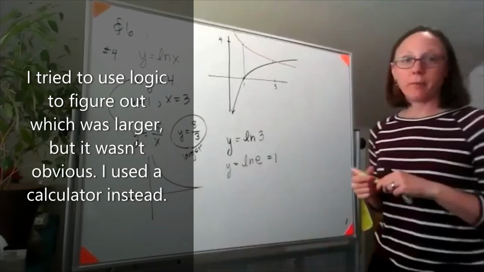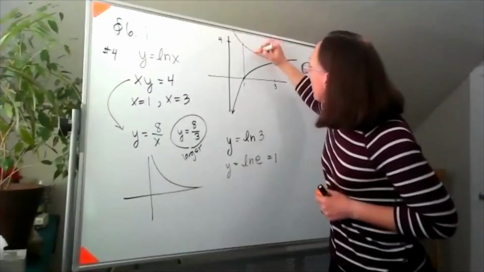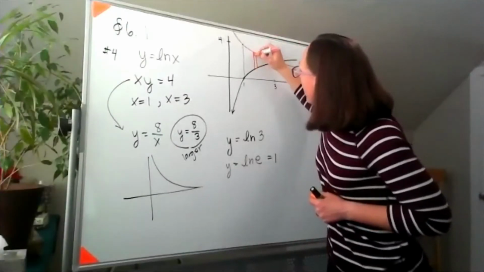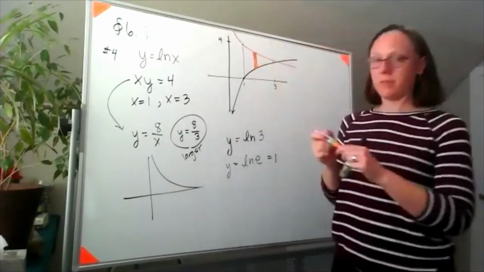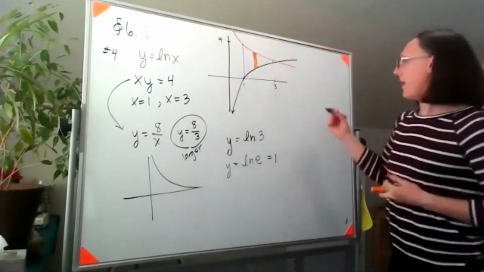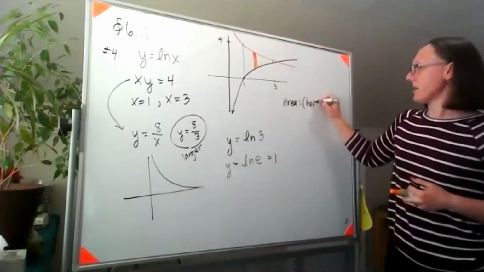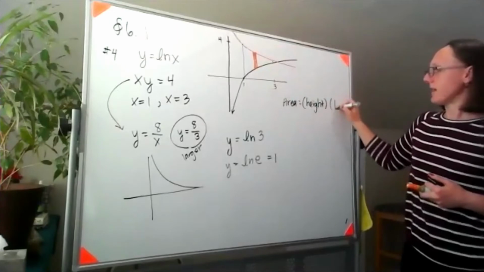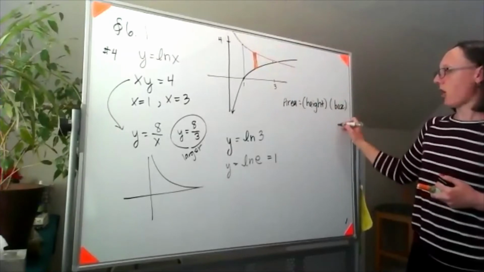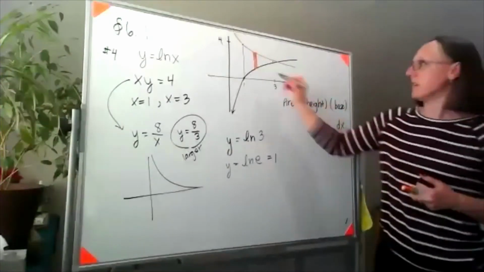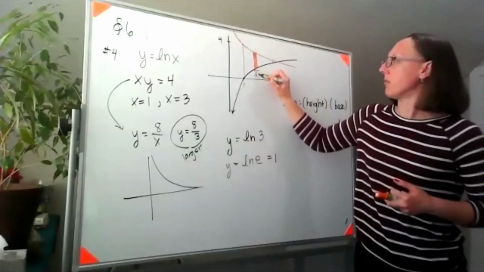If I draw in my arbitrary cross-section, then I know that my area is equal to the height times the base. Our base is dx, that's our label.